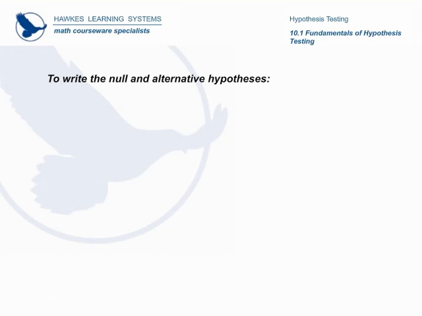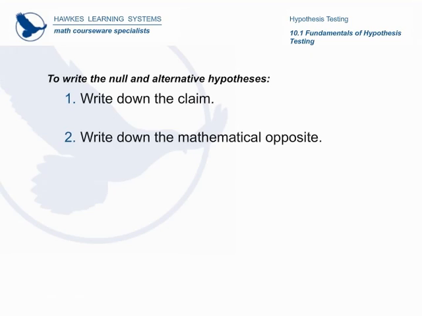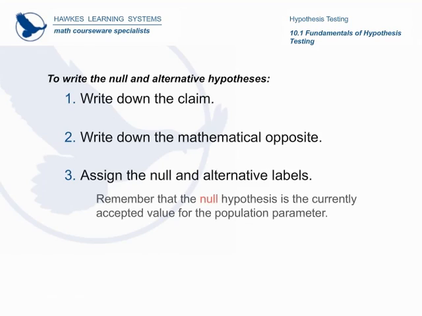First, let's take a look at how to write the null and alternative hypothesis. First, we want to write down the claim, and that is the null hypothesis. Then we want to write down the mathematical opposite of the null hypothesis, and that would be the alternative hypothesis. Next, we want to assign the null hypothesis and the alternative hypothesis labels.